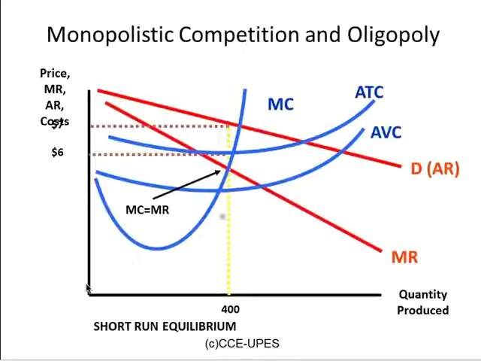The short-term equilibrium is where the marginal cost and marginal revenue are equal. This one here. Here, the marginal cost curve cuts the marginal revenue, and notice it is on the upswing.